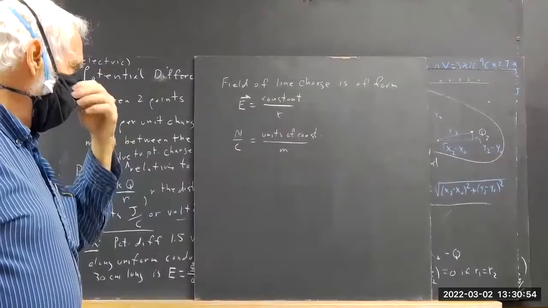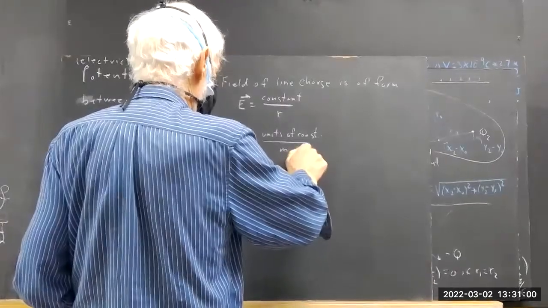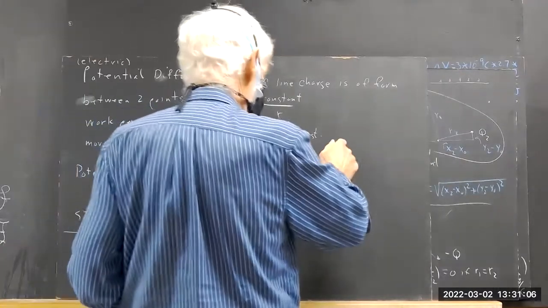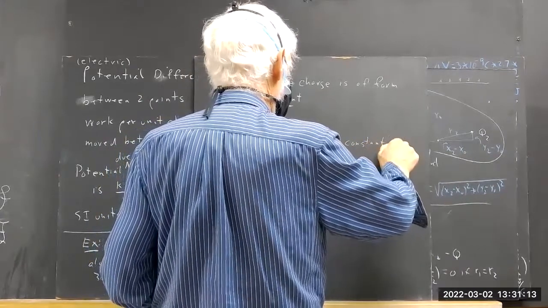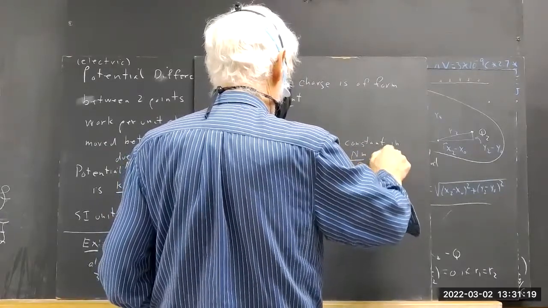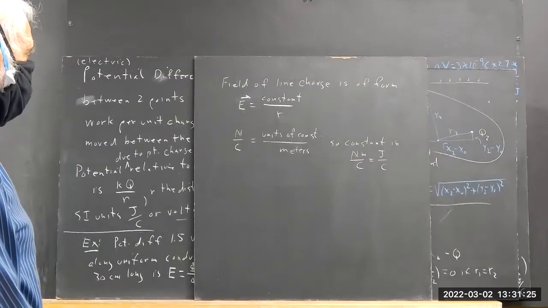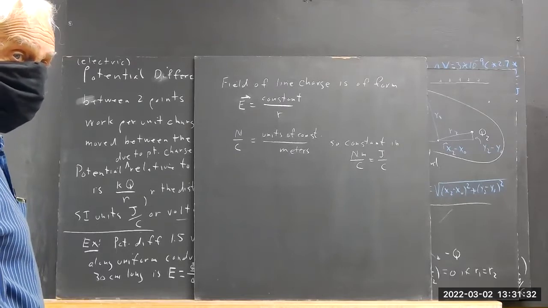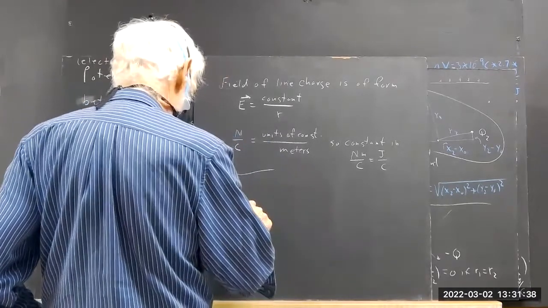That has to equal the units of the constant over meters. So the constant is in newton meters per coulomb, which is joules per coulomb.